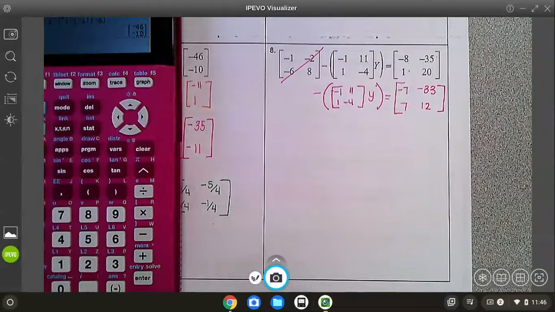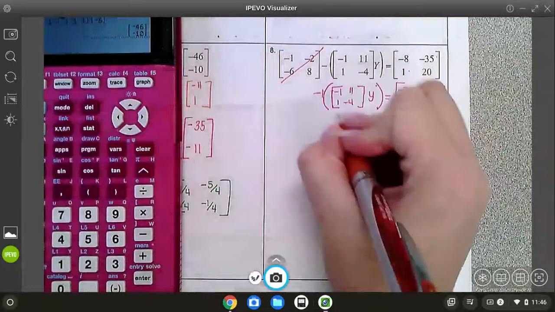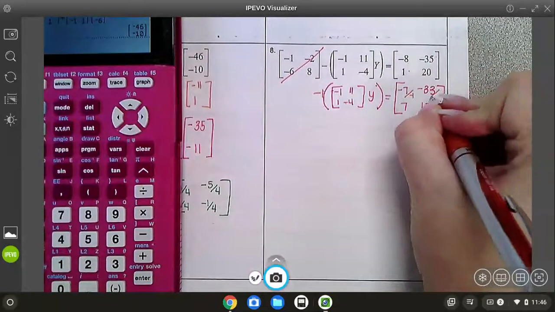Then what do you think I do? We're going to divide by negative 1. This is really like a negative 1 there. So we're going to divide everything by negative 1.